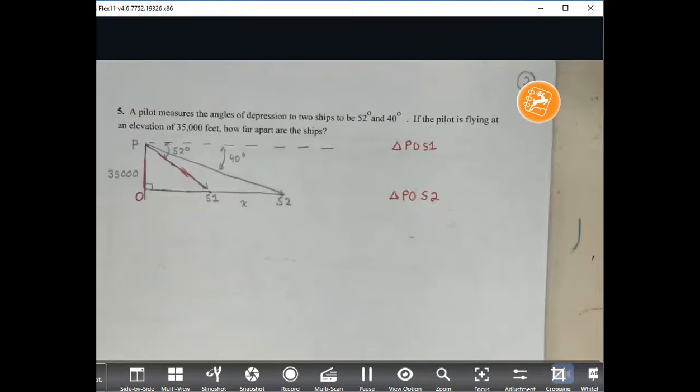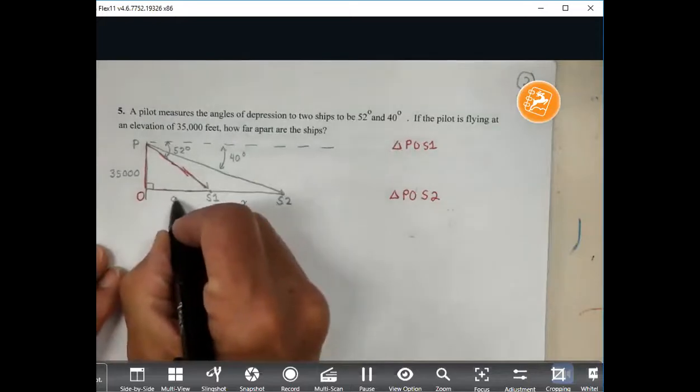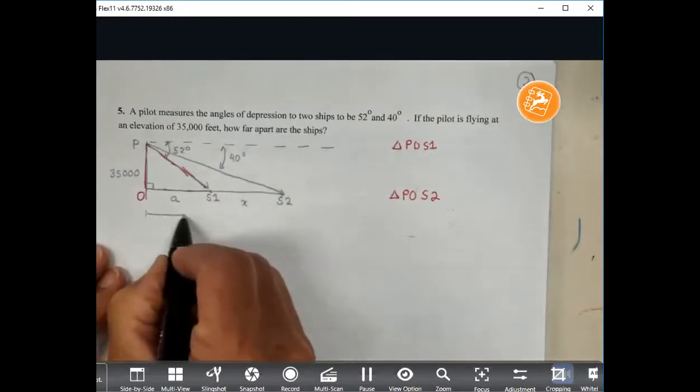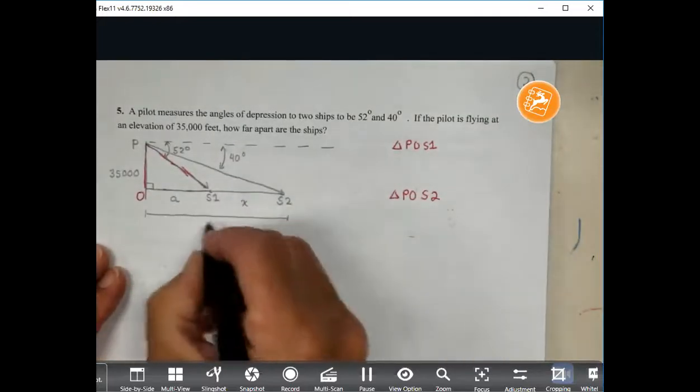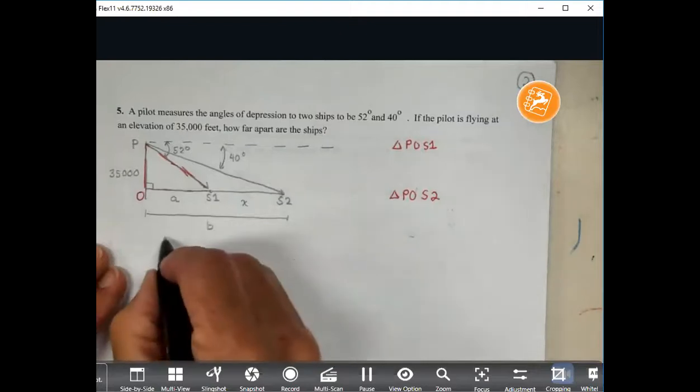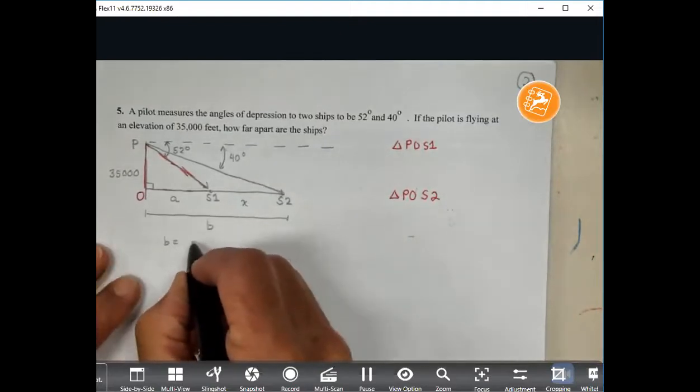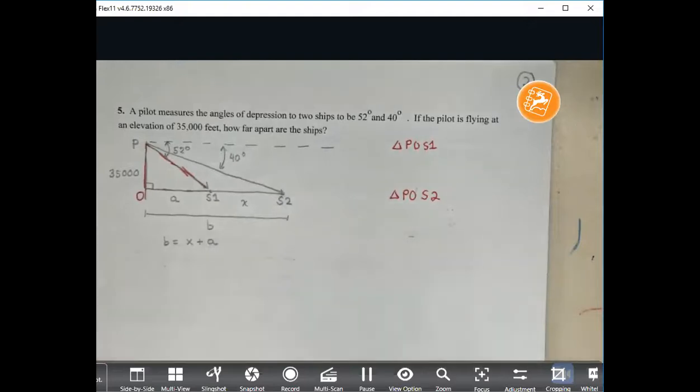Our plan is to find X, which is not even a length of any of the sides of those two triangles. So I'm going to throw in a few more variables. I'm going to say that this leg has a length of A, and this leg out here has a length of B, where what we know about B is that it's X plus A. Is that okay?